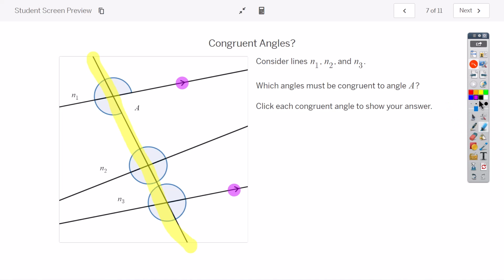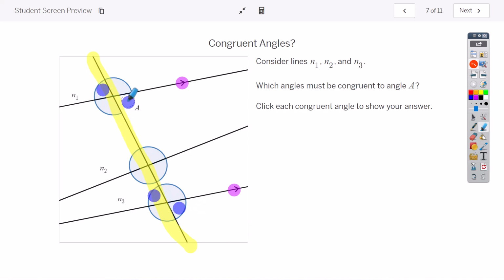So let's come back and take a look at which angles must be congruent to angle A. Well, we know that the vertical angle is going to be congruent. And if I were to translate this angle all the way down to this bottom line, because the bottom line and top line are parallel, I can say that that angle is also congruent to angle A. And since that's congruent to angle A, the vertical angle to that is going to be the same as well.